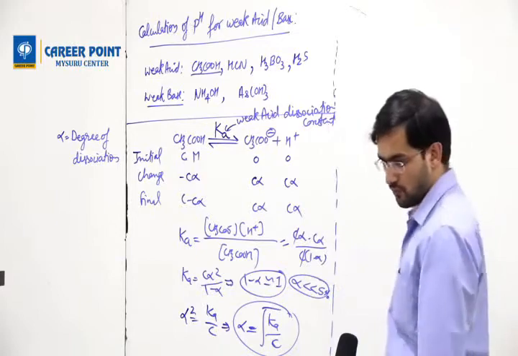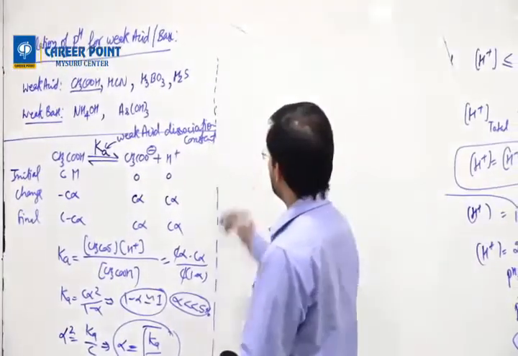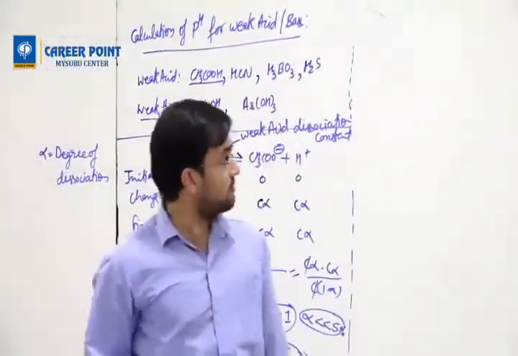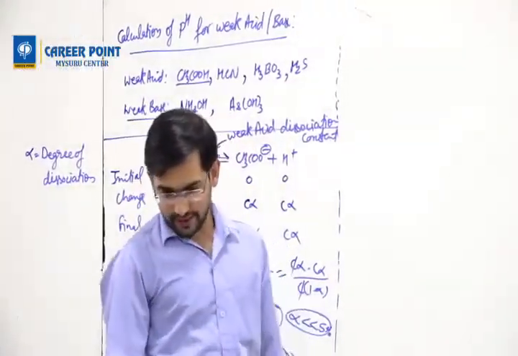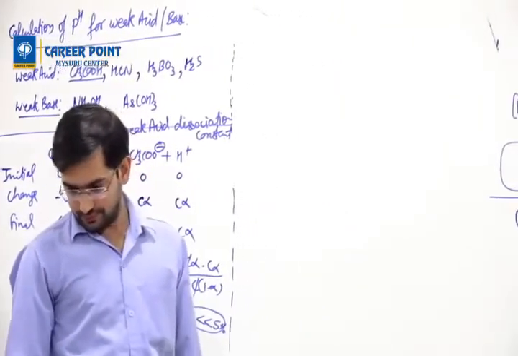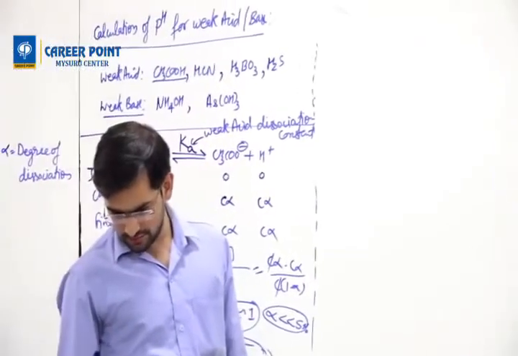Okay. So now I'll give you a question, and this question number will be which question number? What is the question number for this question? How to find pH when weak acid and weak base are added?